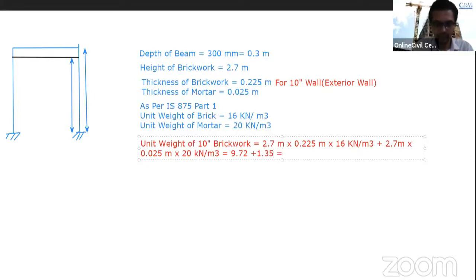So the total will be 1.35 plus 9.72 equals 11.07 kilonewton per meter. So approximately you can take this as 11 kilonewton per meter cube. So this value you can take for the 10-inch brickwork.